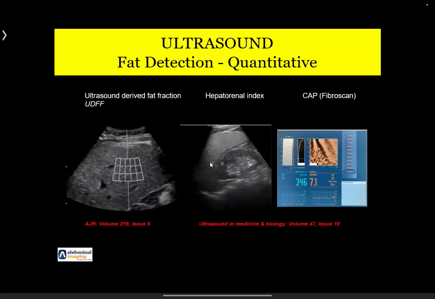Then there's the hepatorenal index, where you measure values by an ROI on the liver as well as on the kidney, and then you create a ratio. FibroScan is also a bit of ultrasound based, which gastroenterologists use, and they give a CAP score, which also tells you about the fatty liver. The disadvantage with FibroScan is you don't have the pathology as you see on ultrasound. So a lot of work is going on to quantify fat on ultrasound.